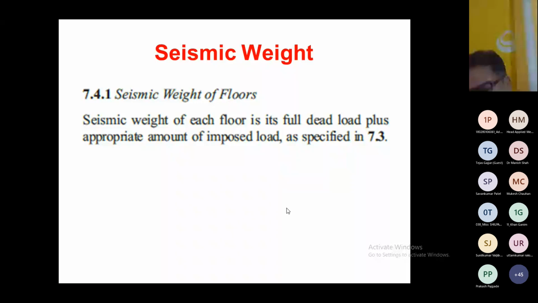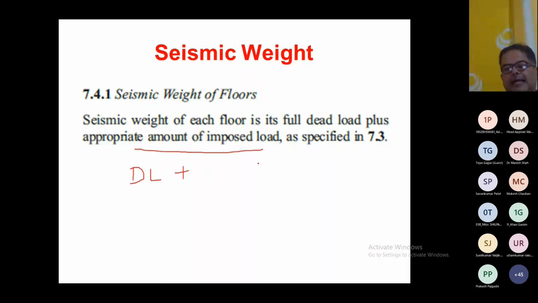As per IS 1893, clause number 7.4.1, the seismic weight is basically the dead load plus the appropriate imposed load, right? Now we do not yet know what the appropriate imposed load is.